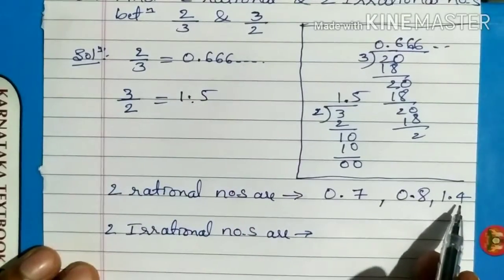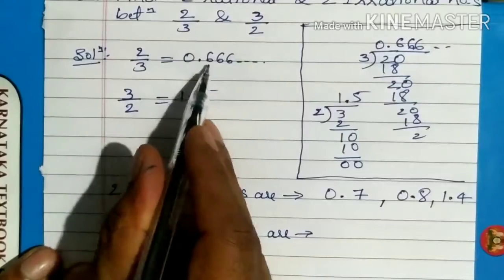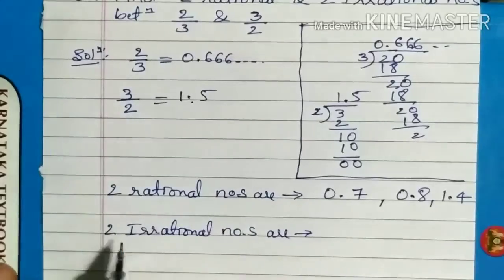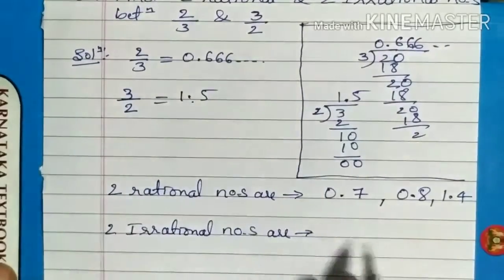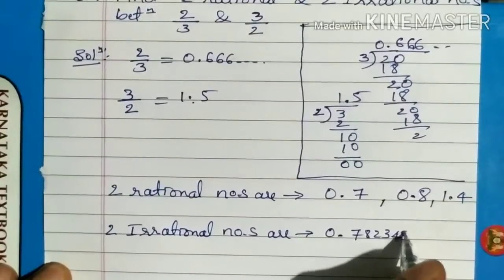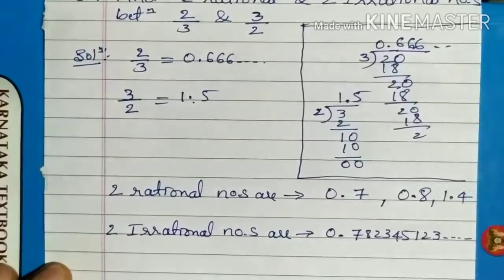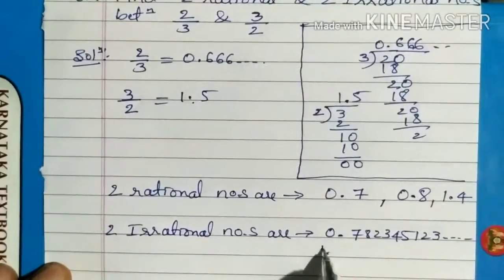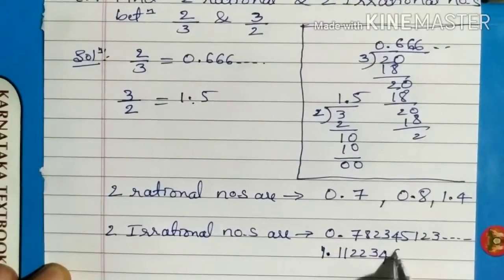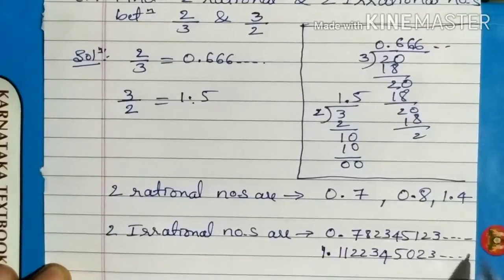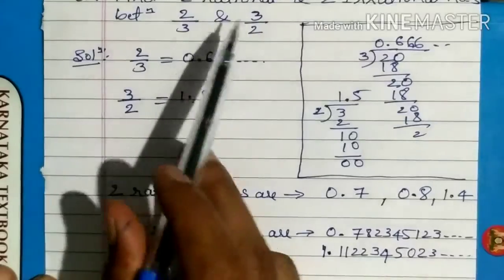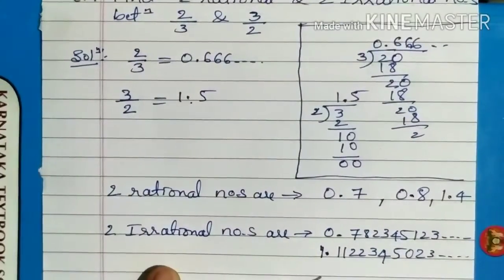So 1.4, you can write 1.3, and more than 0.6, 0.7, 0.8, like this you have to write. Those are rational numbers. And irrational numbers, definitely more than 0.6, you can write like 0.78234512 3 and so on. Similarly you can write 1.1 2234502 3 and so on. Randomly write any digits. So this is how you find rational and irrational numbers.